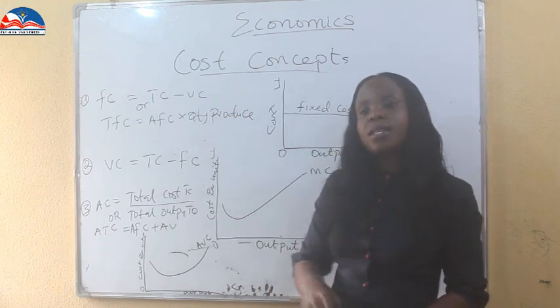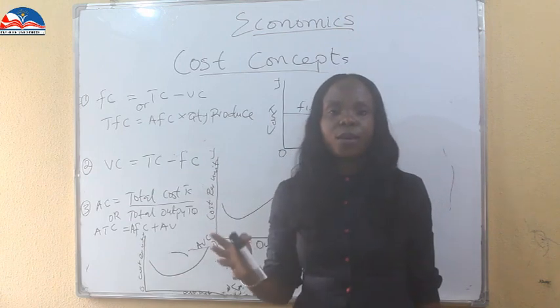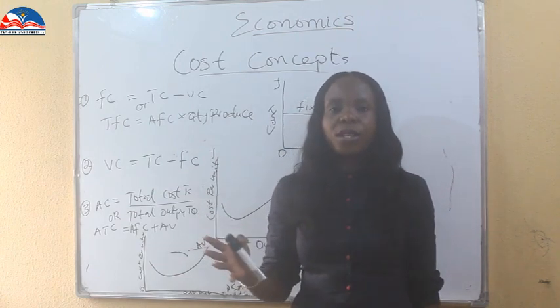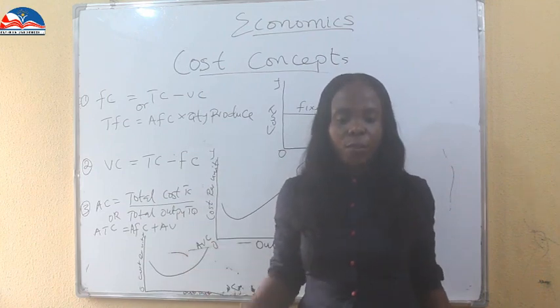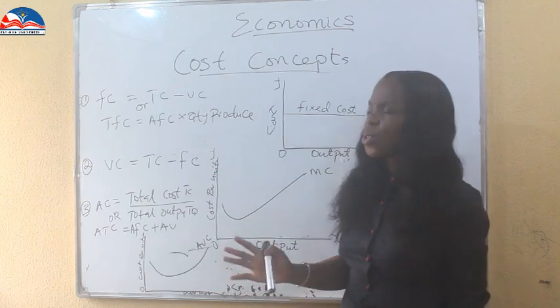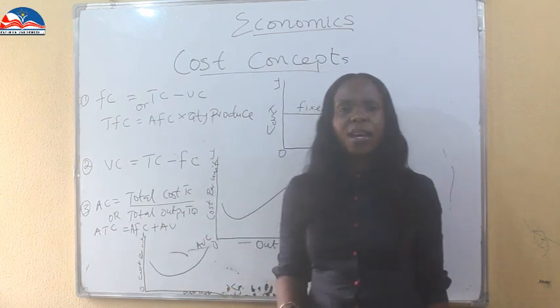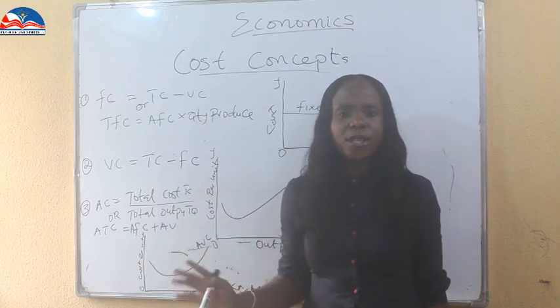Remember that fixed is anything that is stable. For example, fixed assets like land don't move, they don't change, they remain in a place, and they are constant. So also our fixed costs are constant, they are fixed, they don't change over time.